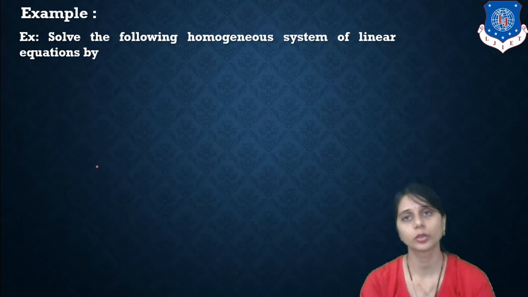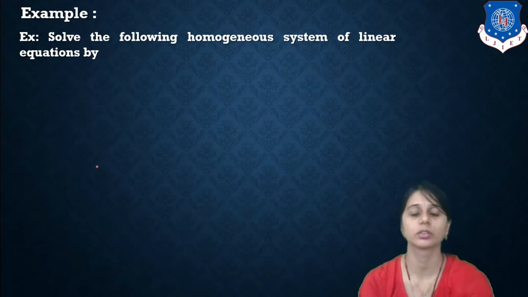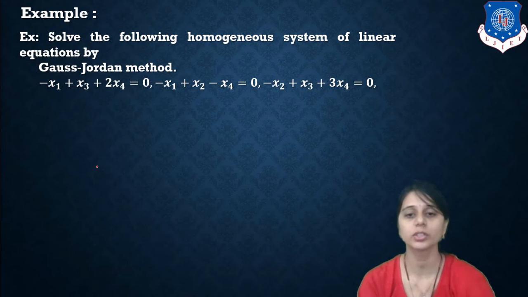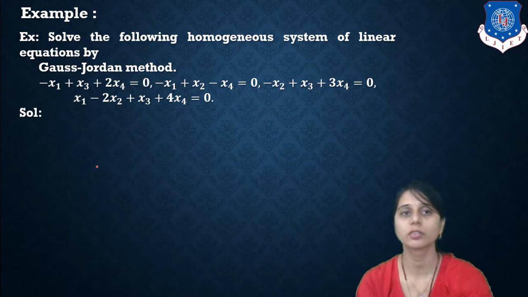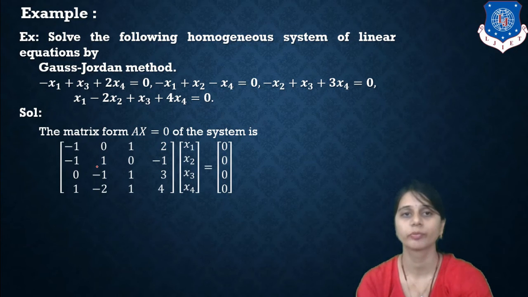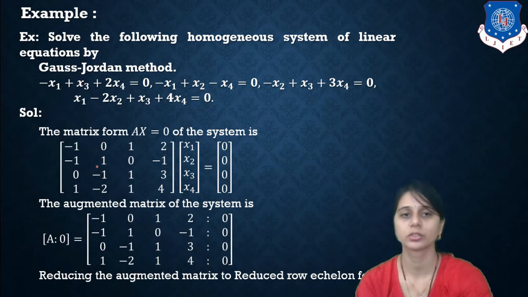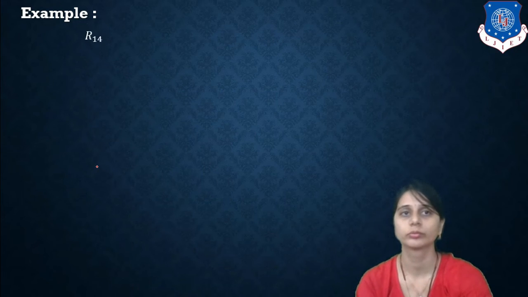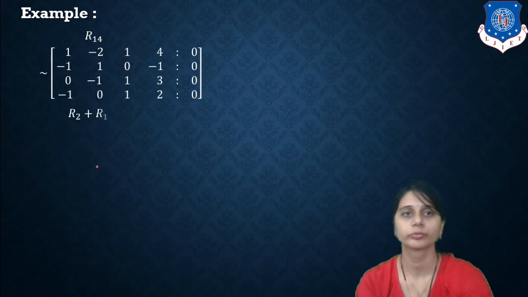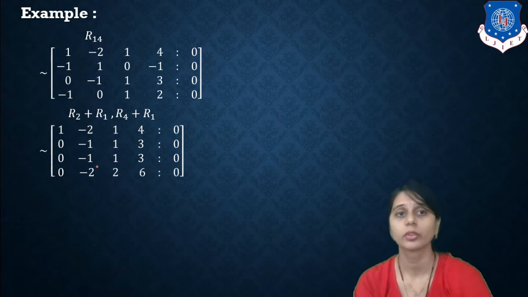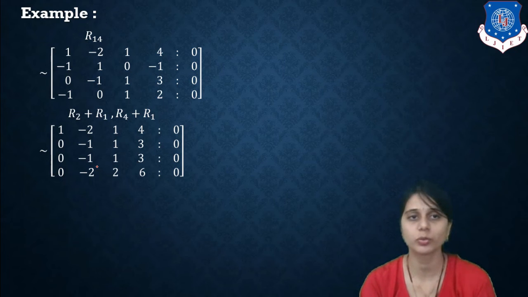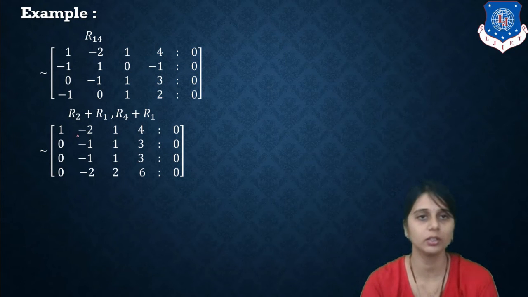Now solve the following homogeneous system of linear equations by the Gauss-Jordan method. We take the equations and convert them into matrix form. Now we use row operations to reach reduced row echelon form. After interchanging R1 and R4, we use R2 plus R1 and R4 plus R1, so the entries in this column become 0.